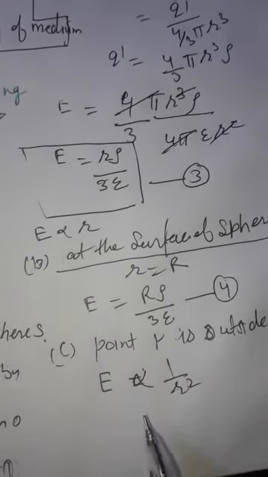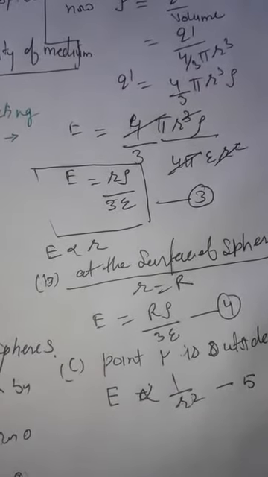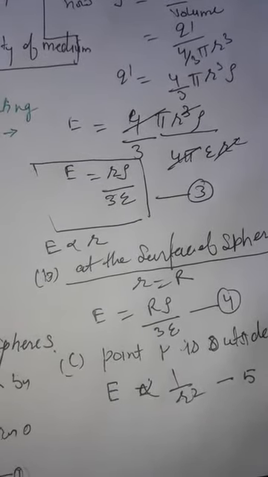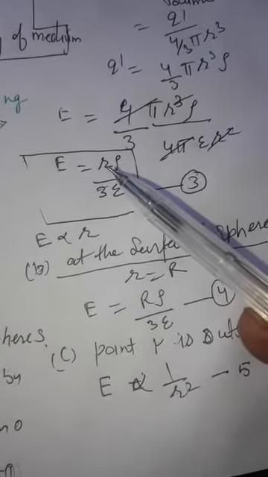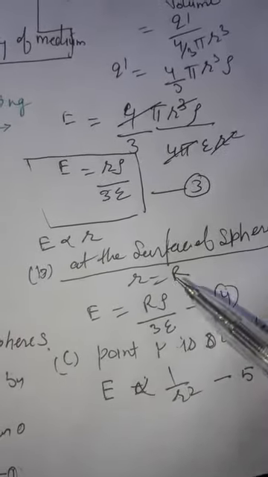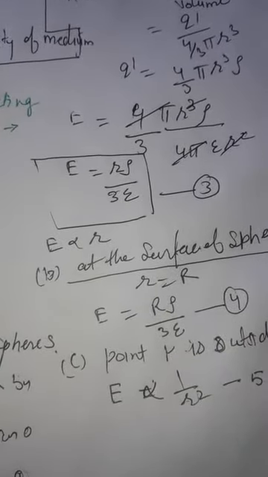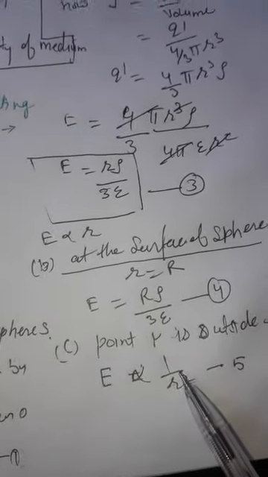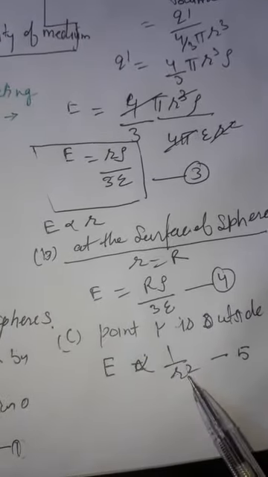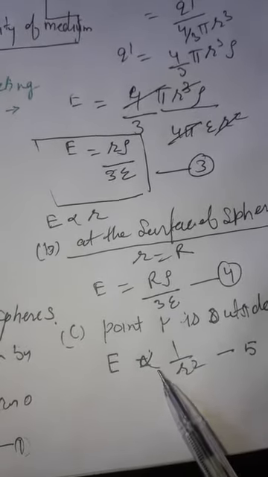This is equation fifth. So the electric field increases as the distance increases from the center, and becomes maximum when r equals capital R, the radius of the charged sphere. Outside the sphere, as the distance increases, the electric field decreases.